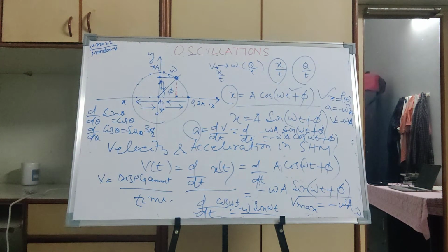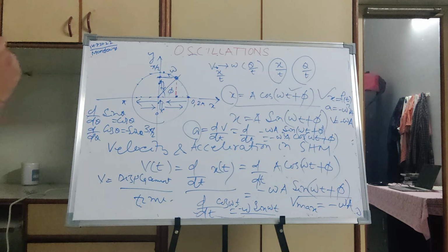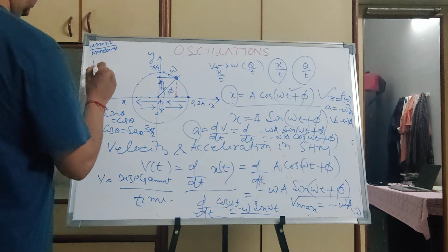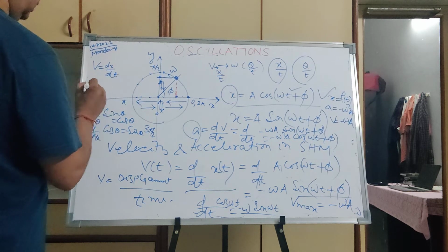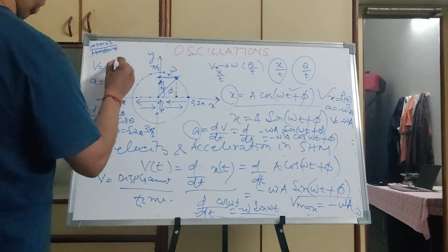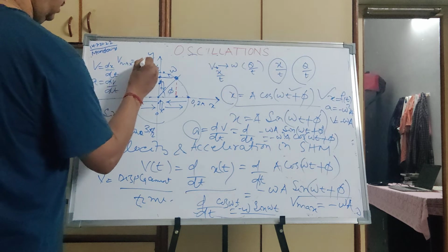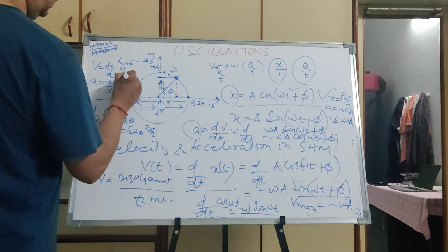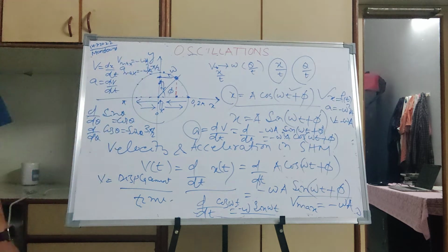These are some of the important things you should always remember. Velocity is dx by dt. Acceleration is equal to dv by dt. Velocity max is equal to minus omega a. Acceleration max is equal to minus omega square a. This is the summary.